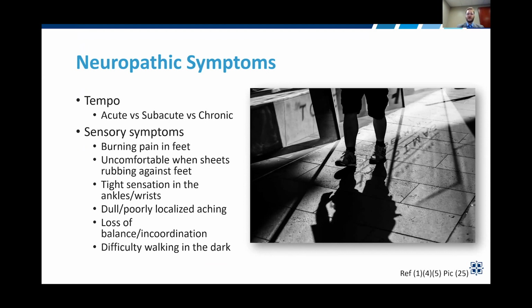Part of determining what the underlying process might be is the tempo: acute, subacute versus chronic. In patients with amyloidosis, we'll generally see a subacute or chronic pattern, in that acute would be generally less than 4 weeks, subacute 4 to 8 weeks, and then chronic is over 8 weeks. It is a progressive pattern rather than a monophasic or relapsing pattern.